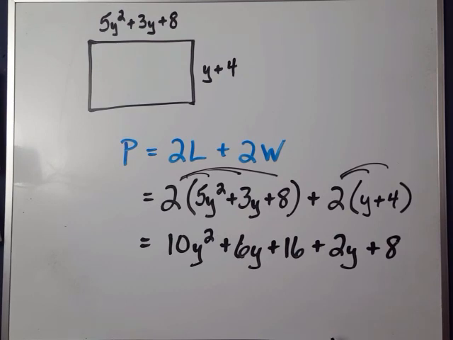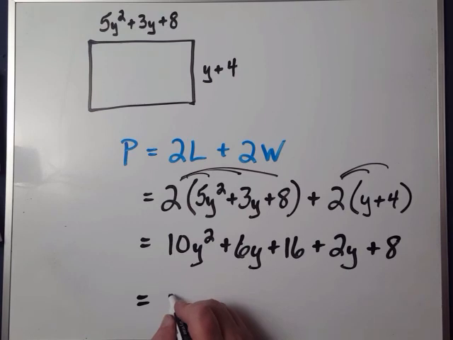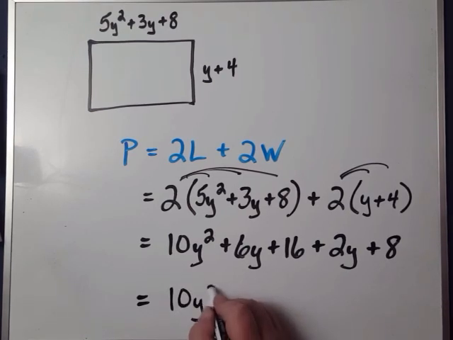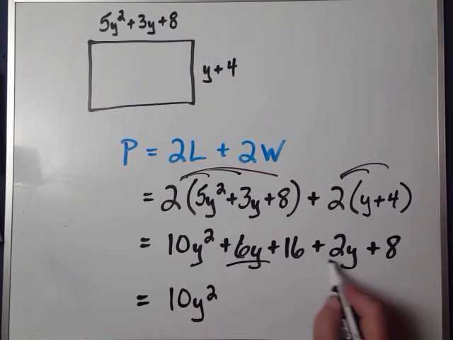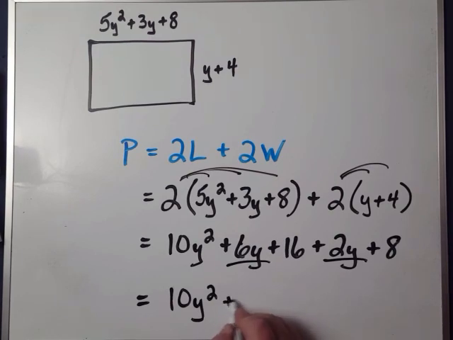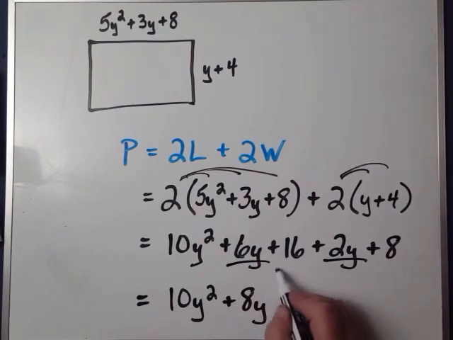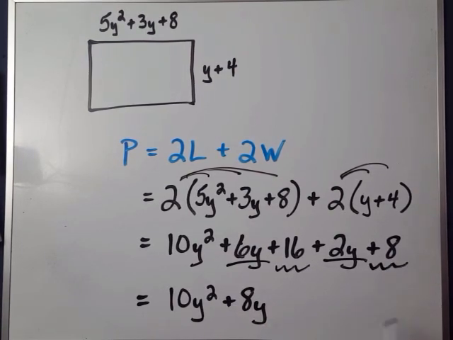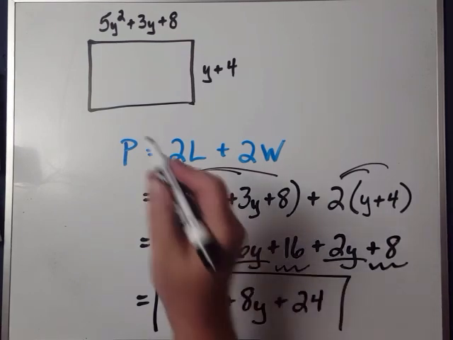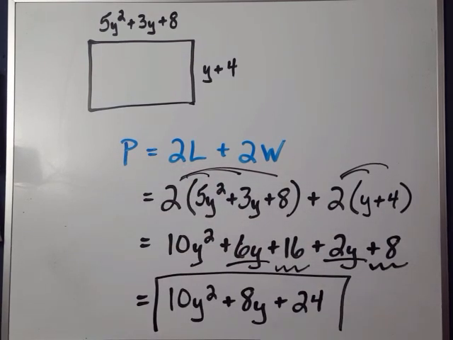And then to finish off, we'll combine like terms. The 10y squared is all by himself. We've got a couple of y terms that total plus 8y. We've got a couple of numeric terms. 16 plus 8 gives me plus 24. This is the perimeter of that rectangle.